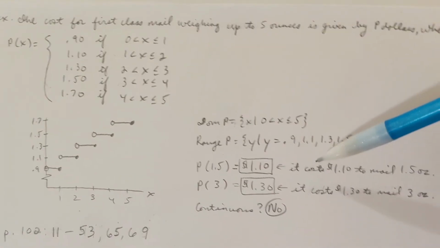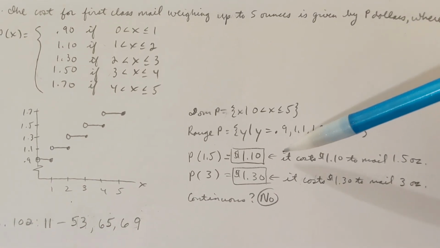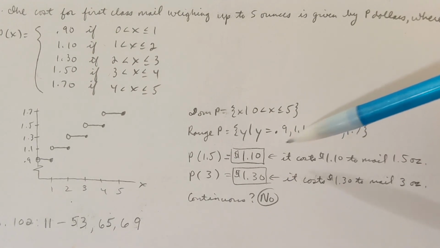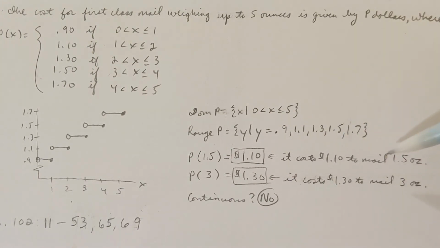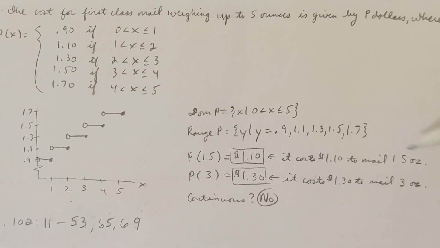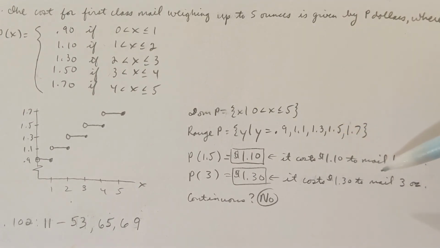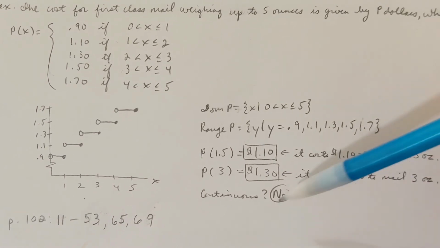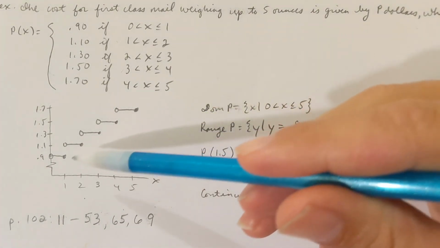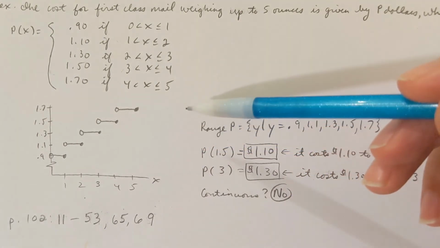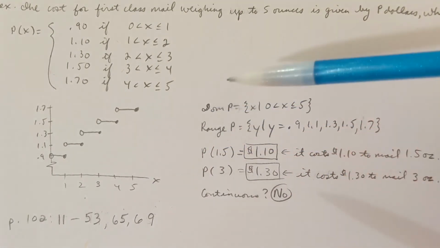The interpretation here would be to say that P of 1.5 equals 1.10 means that it costs $1.10 to mail a package weighing 1.5 ounces. P of 3 equals 1.30 means that it costs $1.30 to mail a package that weighs 3 ounces. Are we continuous? No. You're going to have to lift your pencil 4 times to get from each step there.